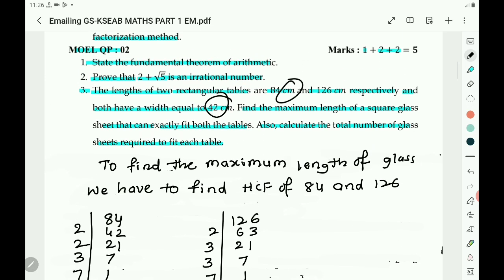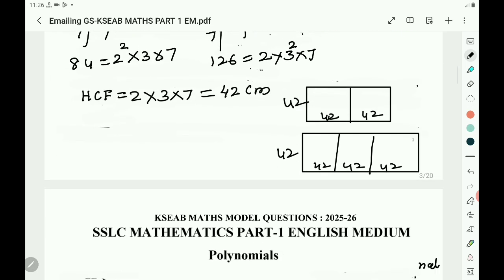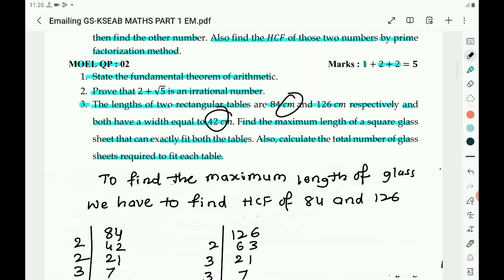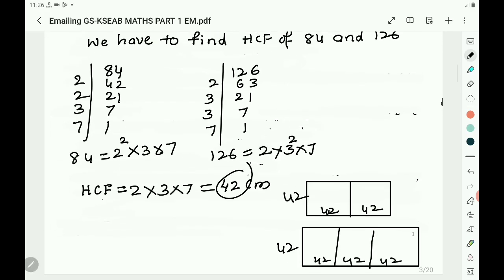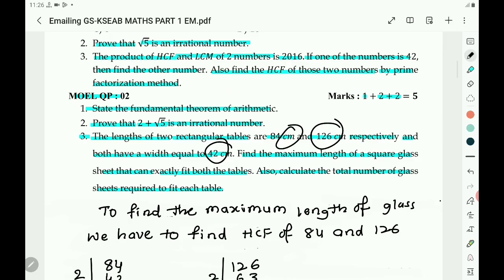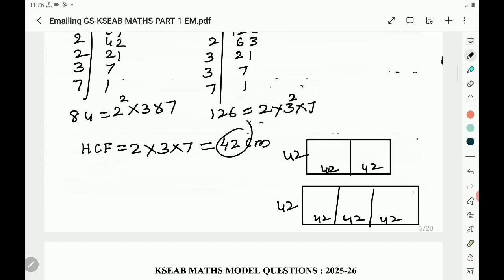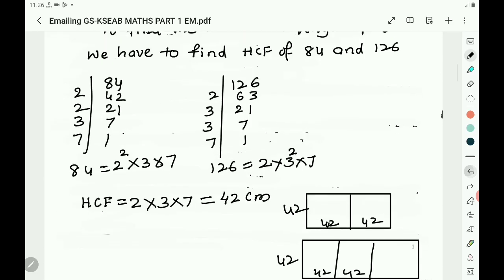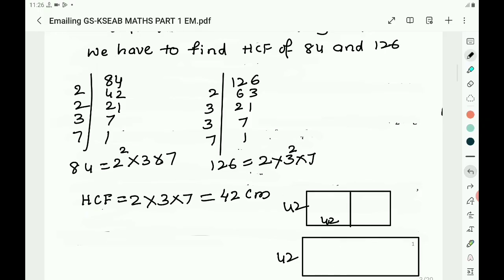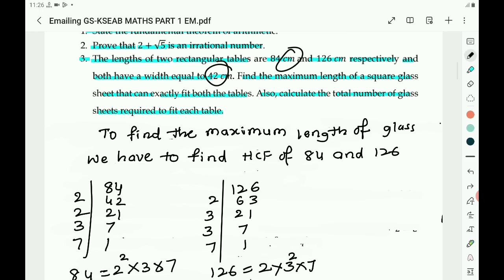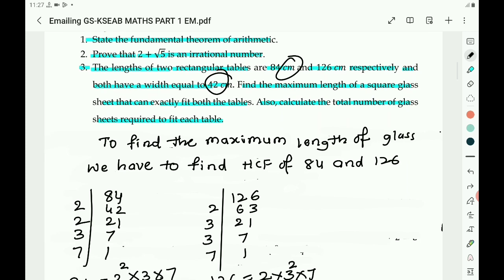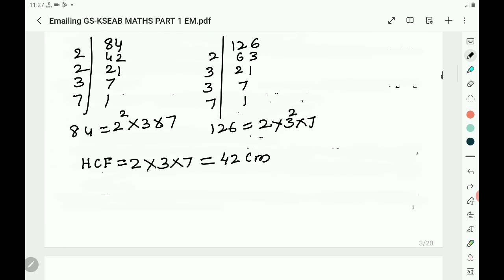To find the number of sheets for each table, you divide 84 by 42 and 126 by 42. Then you write, to find the number of square glass sheets required to fit the first table, 84 by 42, and the second table, 126 by 42.